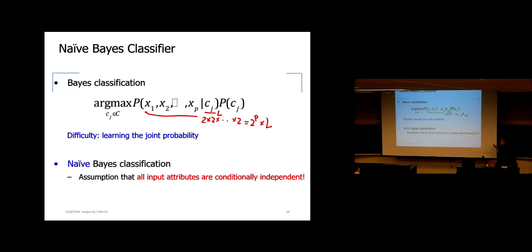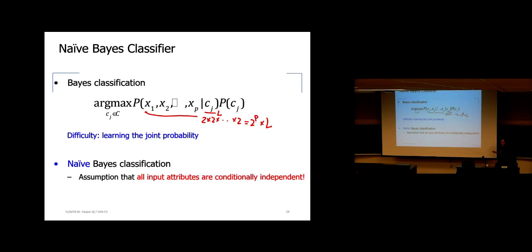You need to memorize this by estimating or counting from your data. Later, when you have future data, you need to retrieve a specific case from this 2 to the p times L lookup table. This is not feasible.